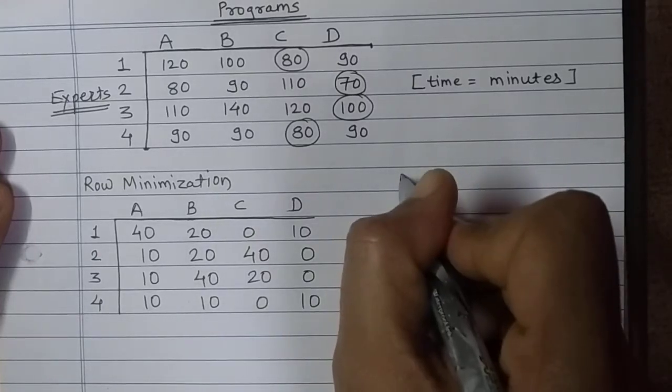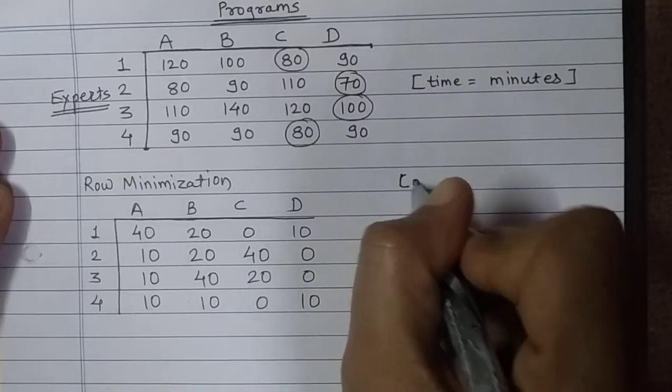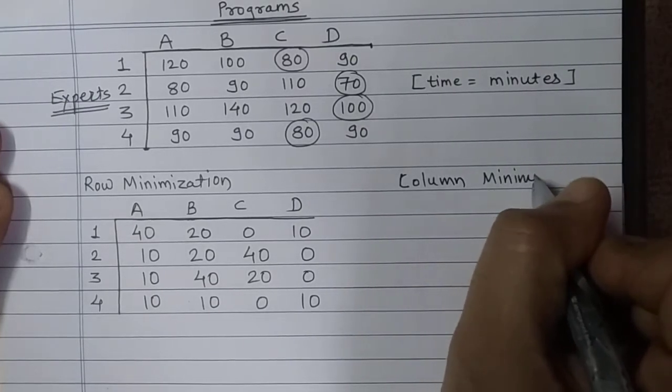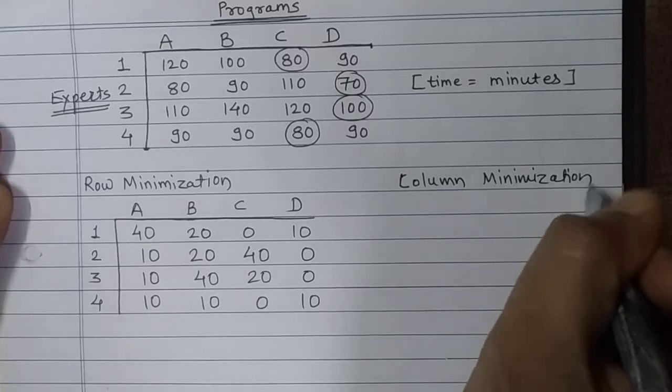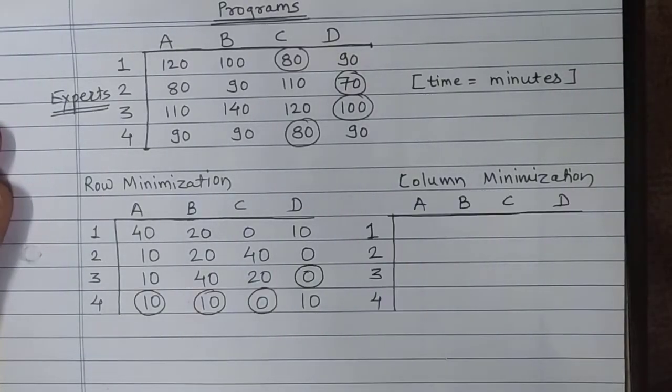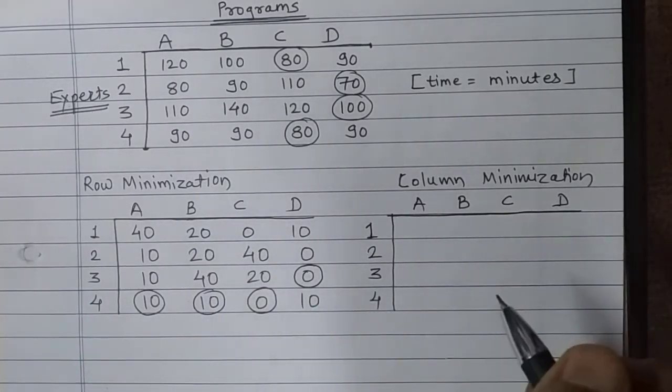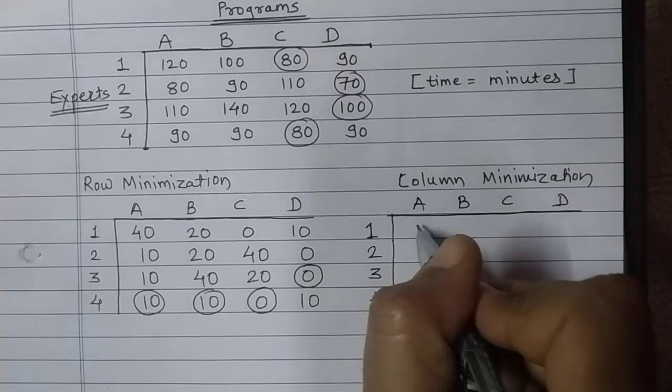Next is column minimization. Draw the matrix and solve. So I have identified the least element from each and every column. Now let's do this calculation of column minimization.